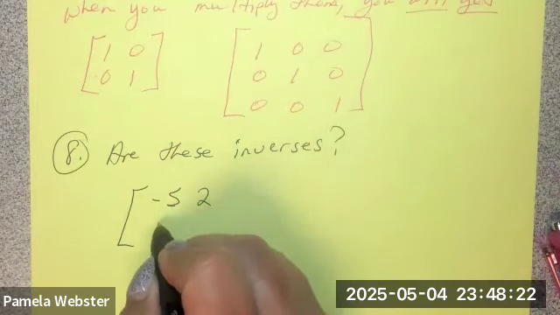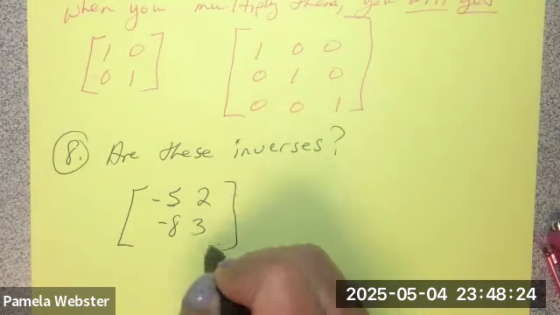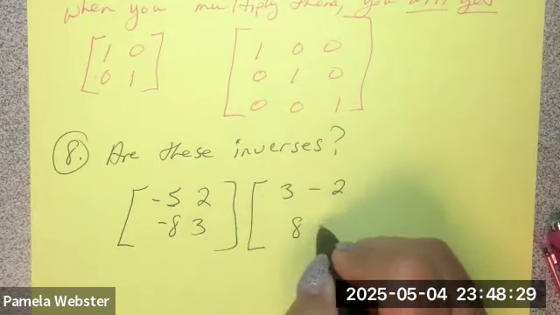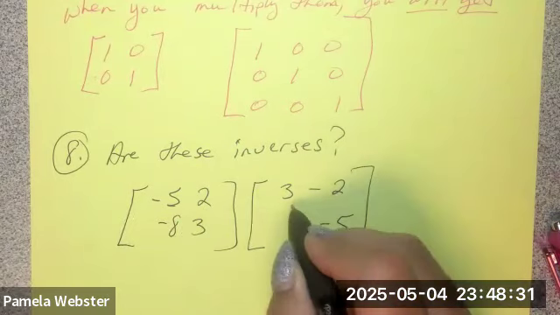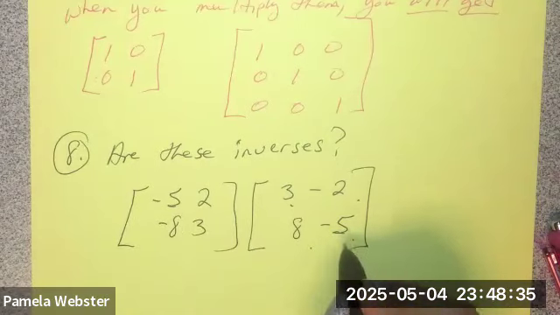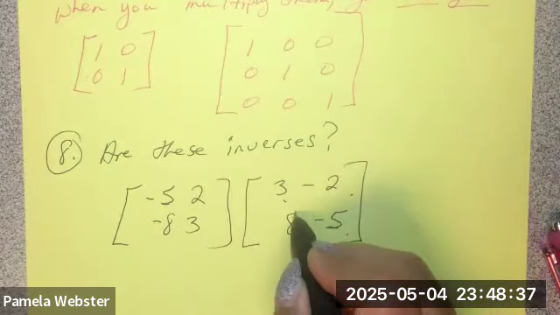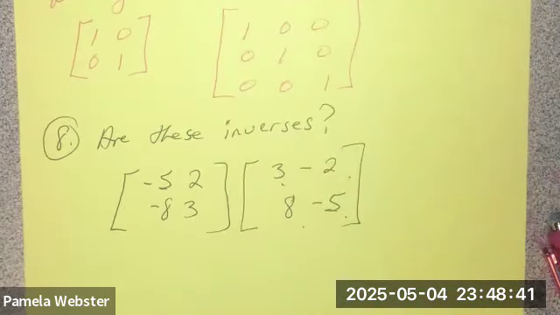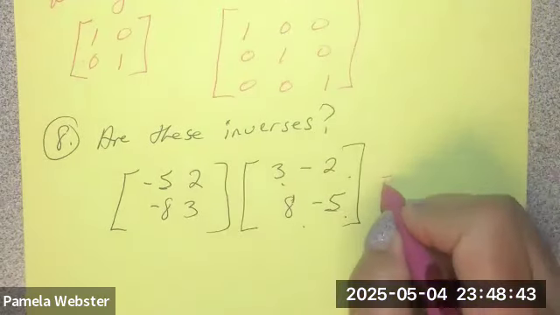Okay, -5, 2, -8, 3. And the other one that we want to know if this is a matrix for is 3, -2, 8, -5. But if you're using determinants, you absolutely have to show me the math, like what's your A, what's your B, what's your C, what's your process. So we're going to multiply these.